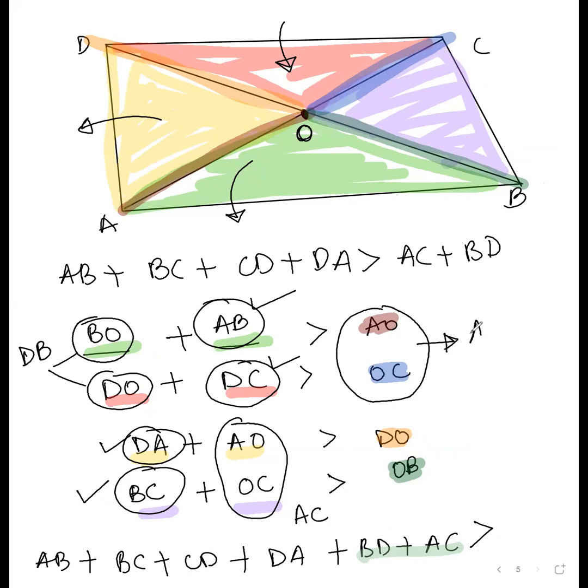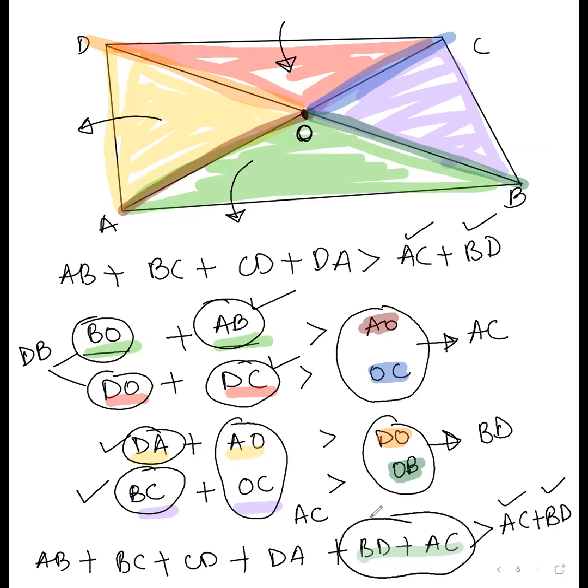AC. And DO plus OB was? DB. BD, very good. So on the right-hand side, we have AC plus BD. The thing is, we are getting this as expected, but this is something that is extra.